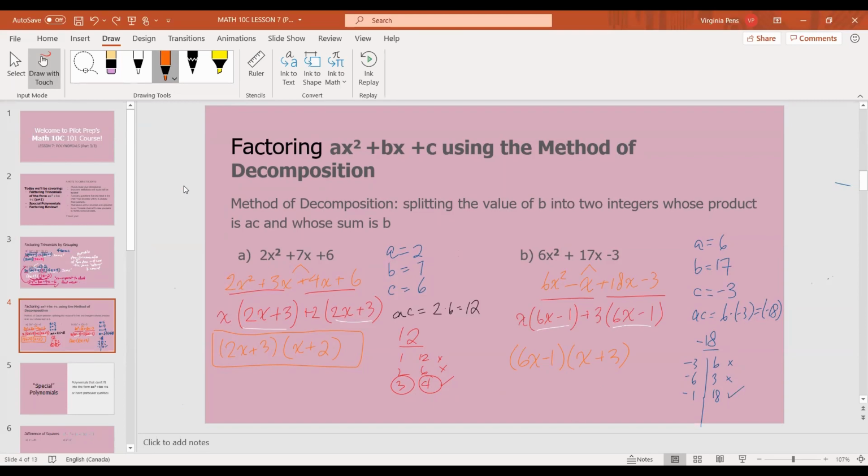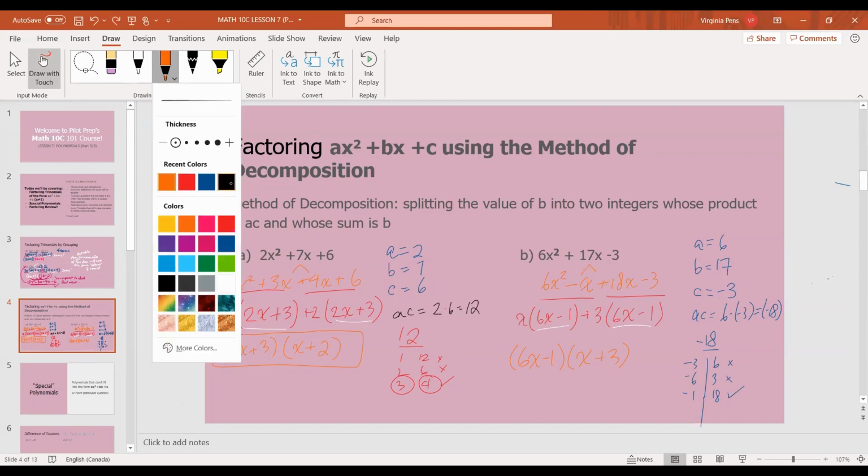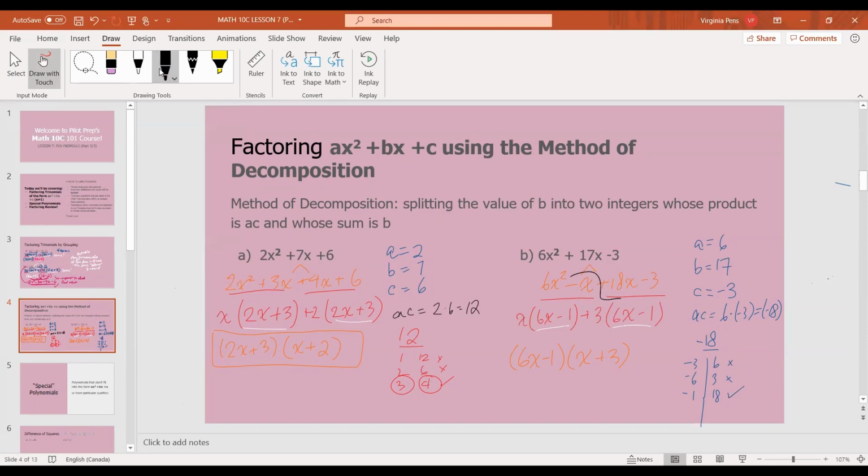But earlier I asked you all what would happen if I switch these values around. Like what would happen if I put 18x first and then negative x after 18x? Well, the short answer is it's basically going to be the same but flipped. So let me show you. I'll just erase this.